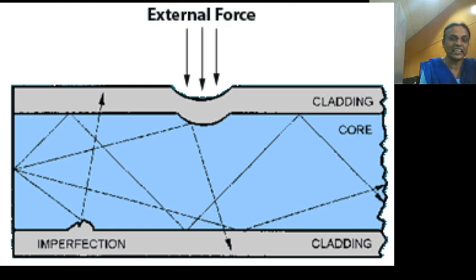Then what happens at the receiver end: if the light source input is 1550 nanometer, lambda 1, then at the receiver output it will be like 1540 instead of 1550 nanometer. You may think this is a small, negligible loss, but it is not so, because the same transmitted wavelength is not received at the receiver. This is all due to the losses which occur.